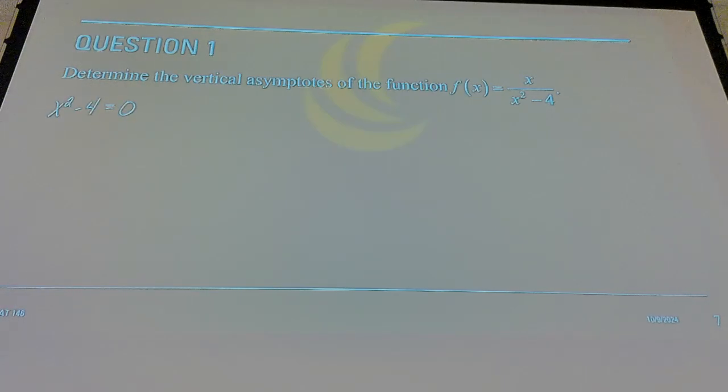So set the denominator equal to 0 and solve. x squared minus 4 is 0. x squared is 4, which means the absolute value of x would be 2.